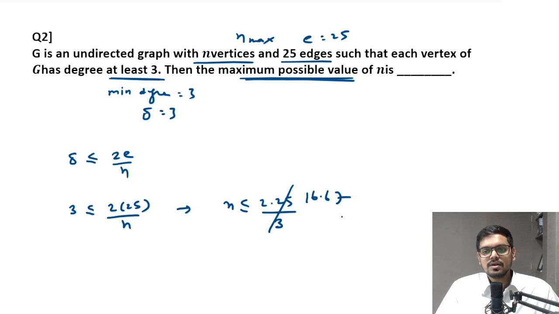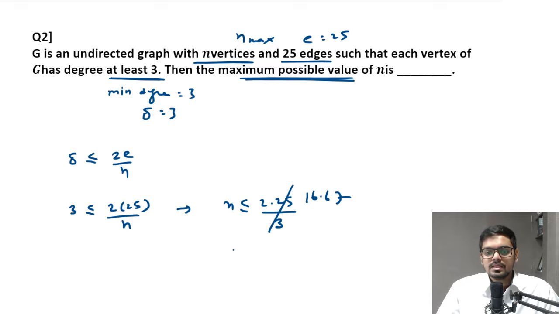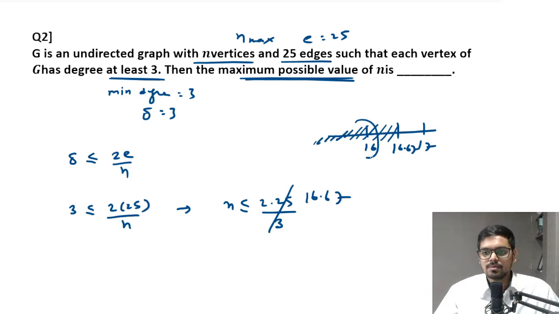So n is less than or equal to 16.67. See, this is 16, this is 17, and this is 16.67. So the maximum possible integer is 16. So that is the answer.